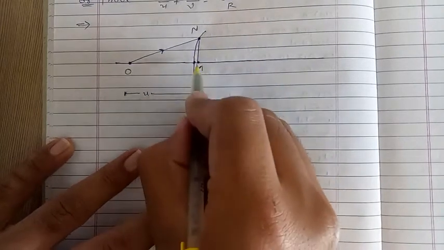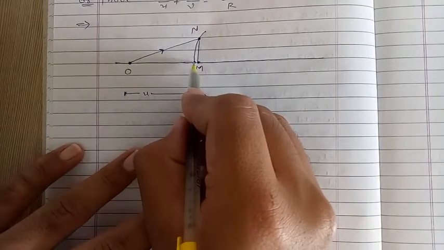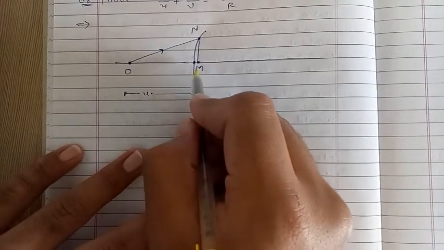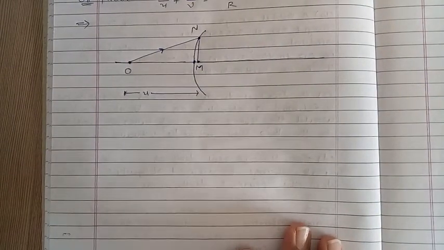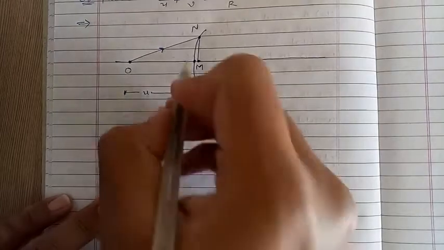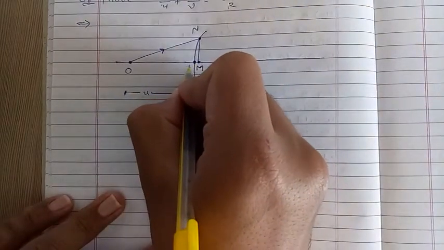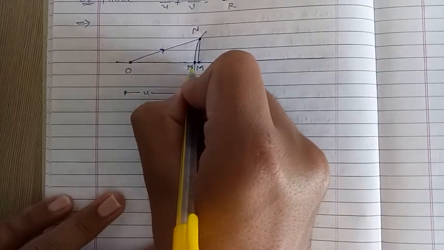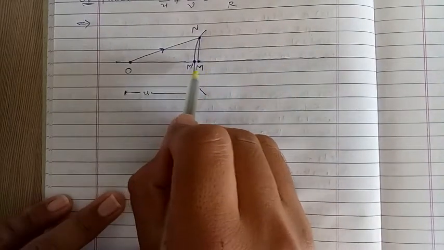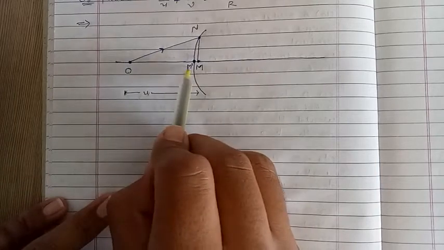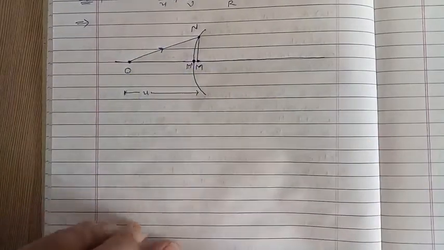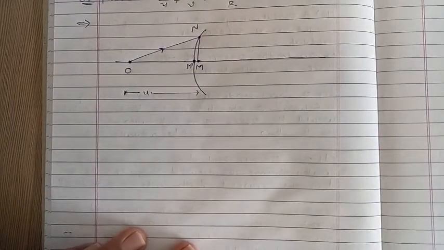So the distance between M and the center of the spherical surface is very small, so this is a negligible distance, right? So here I take this point M dash, and the distance between M and M dash is very small, so we can say that OM dash is equal to OM, because the distance between M and M dash is very small.